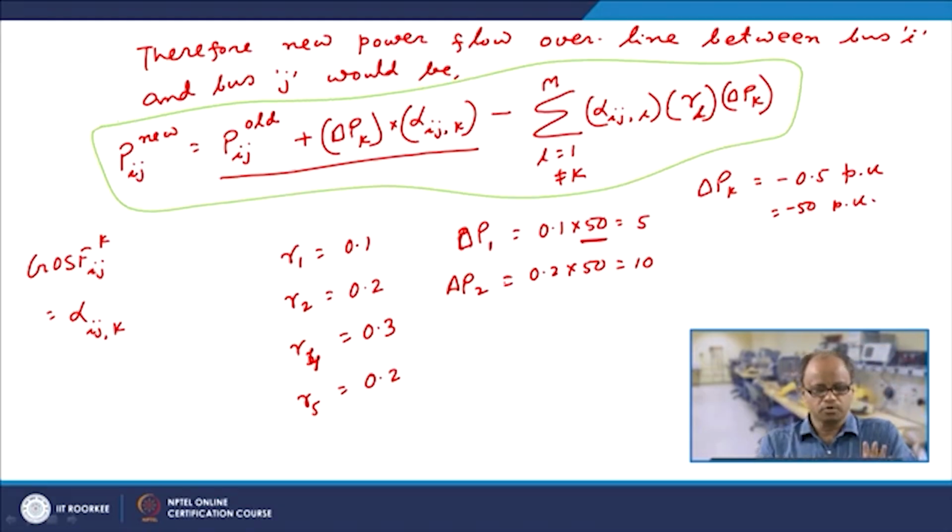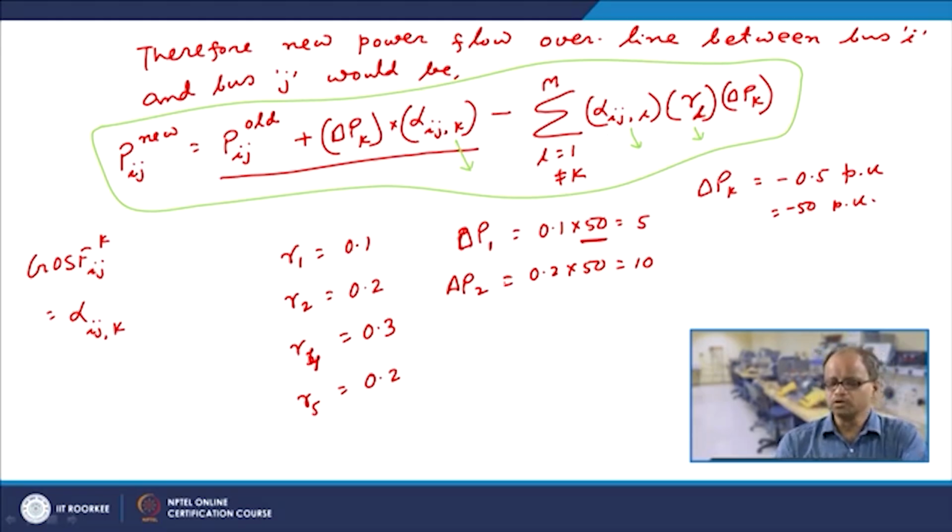by this we would be able to calculate the new power flow over the line between bus ij for the outage of the generator at bus k. For this we need to know this quantity, and for this we need to know this quantity. We have already seen that this is a constant quantity.